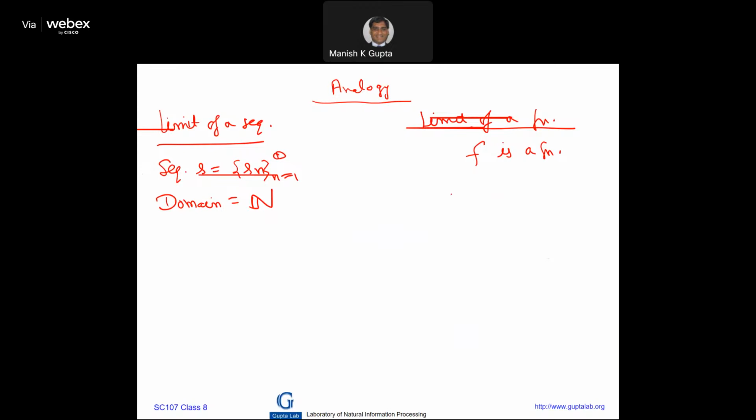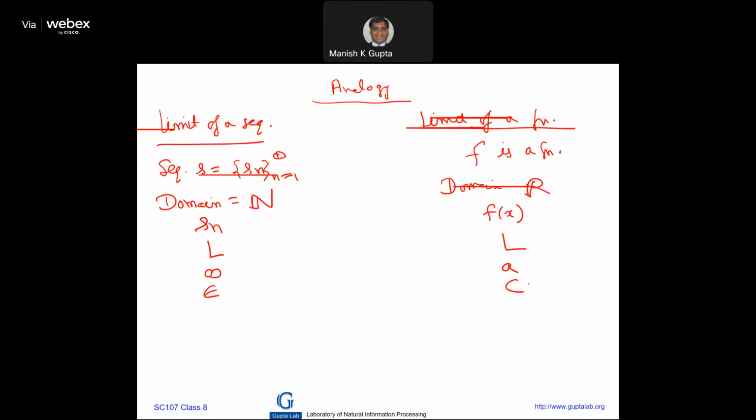And here domain is the real line, or a subset of the real line, that is okay. Here the notation is Sn, and here the notation is f of x. Point is same. Here we talk about when n approaches towards infinity. Here x approaches towards point a, right?